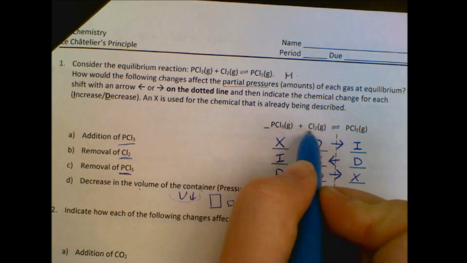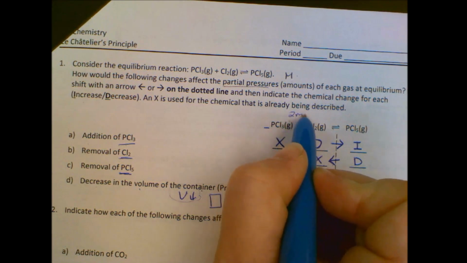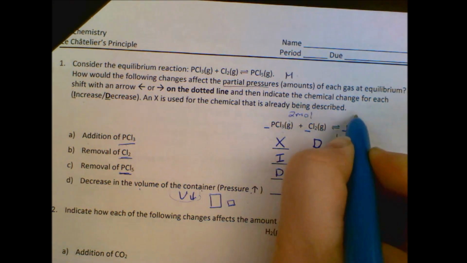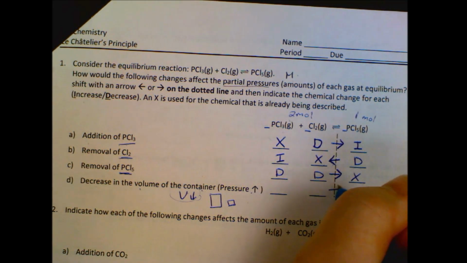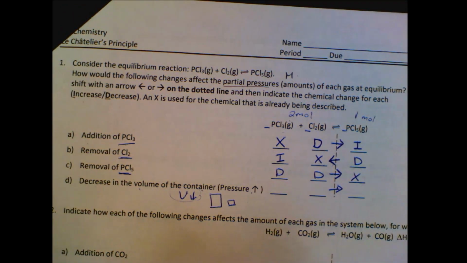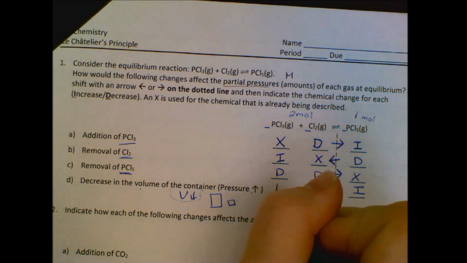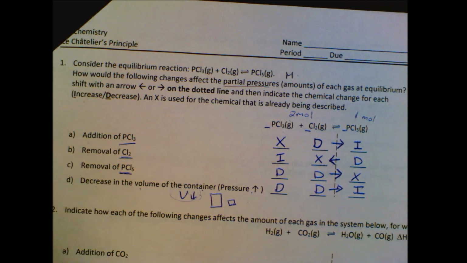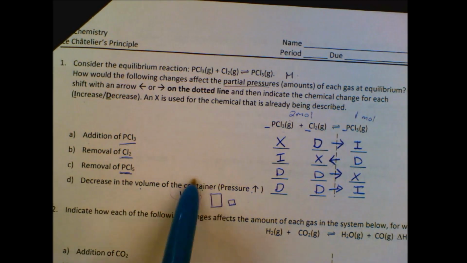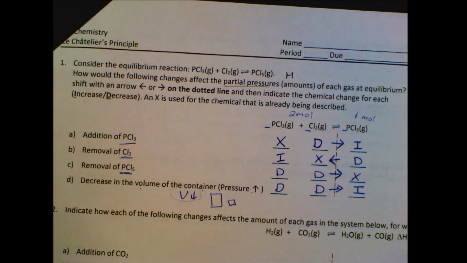So on this side, we have 2 moles of gas. And on this side, we have 1 mole of gas. So we want less stuff. So that means we're going to go towards the side with less moles. So again, this side's going to increase, which means the other side will decrease. Since we were talking about the system overall, we don't have to put an X anywhere.